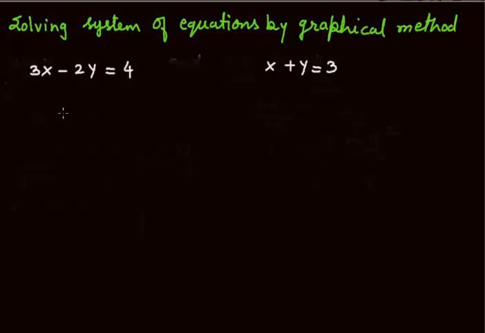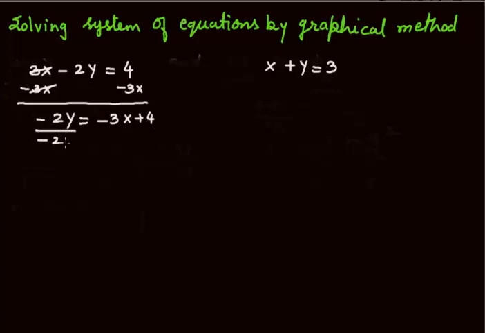First we'll solve each equation for y. So for that I'll subtract 3x on both sides. So negative 2y is equal to negative 3x plus 4. Now I'll divide both sides by negative 2.